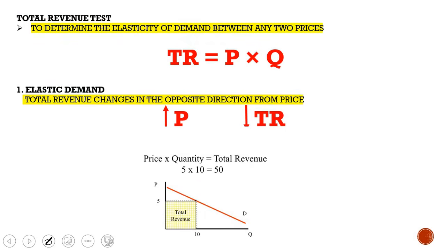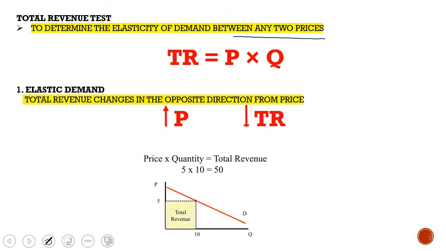Okay, now we look at the total revenue test. Your total revenue test is to determine the elasticity of demand between any two prices. To calculate your total revenue, you say price times quantity. You also get different types of demand when you're doing your total revenue test.